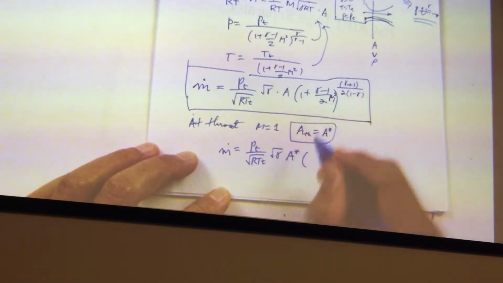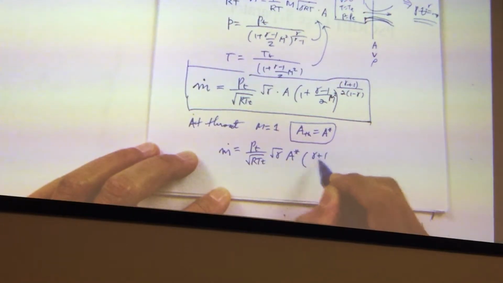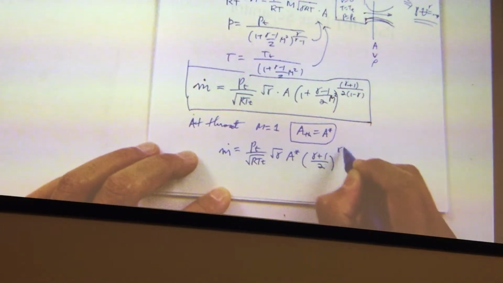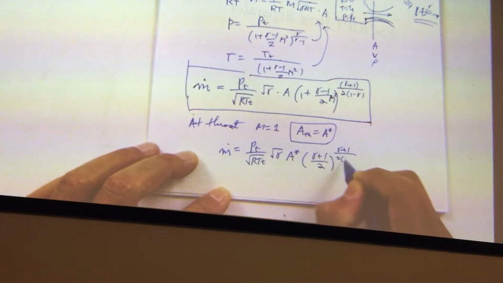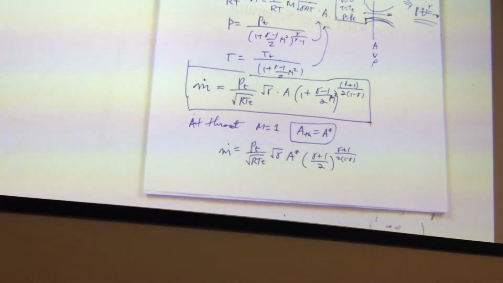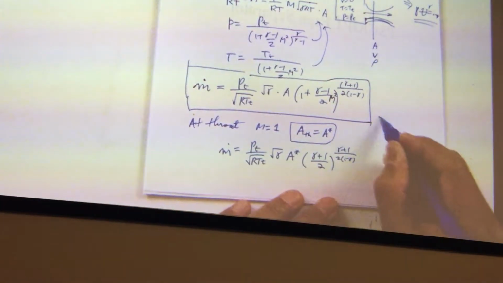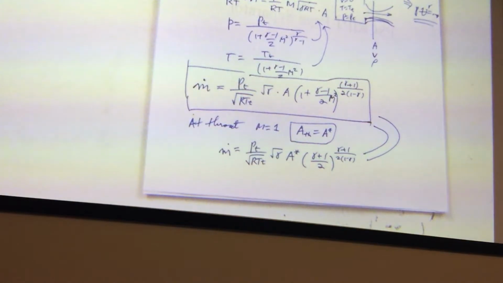And because M is equal to 1, here it becomes (gamma plus 1 over 2) to the power of (gamma plus 1) over 2 (1 minus gamma). But this is also equal to that, right? Because it's steady flow, whether you look at a flow here or you look at it elsewhere, you have the same mass flow rate.